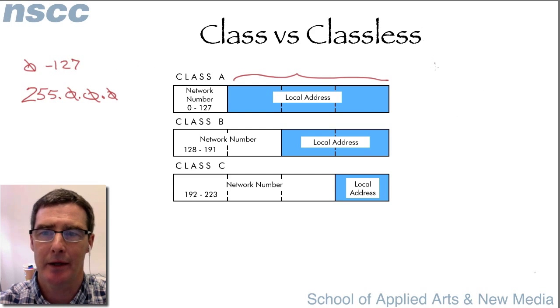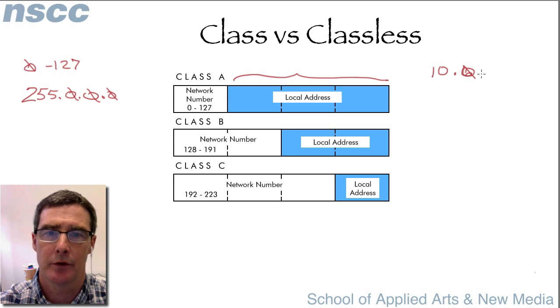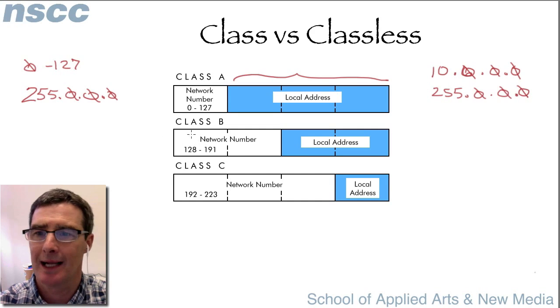And if you had a network, for instance, 10.0.0.0, it would be assumed that the mask for this would be just 255.0.0.0.